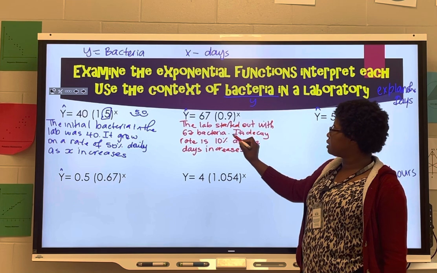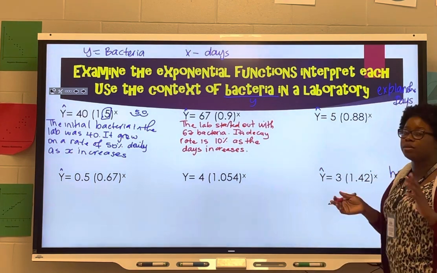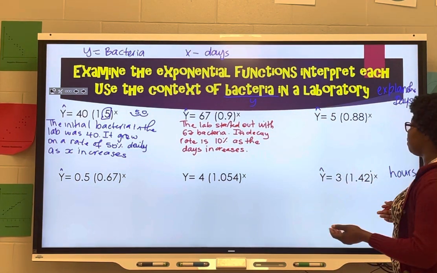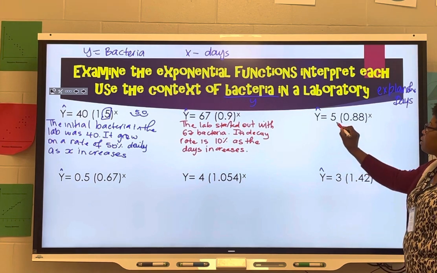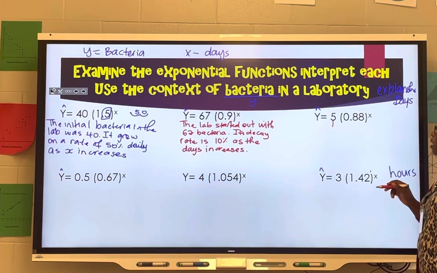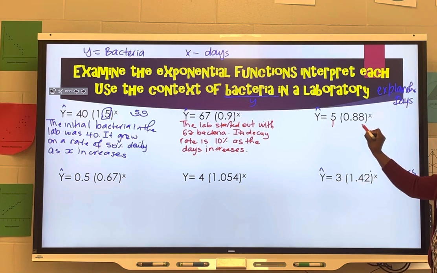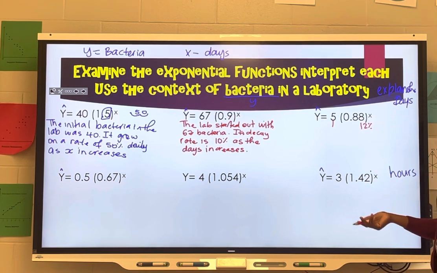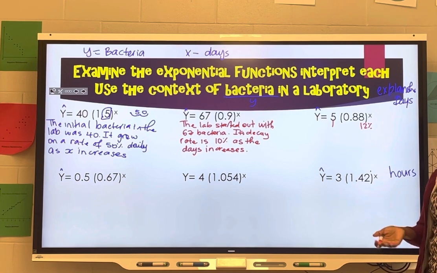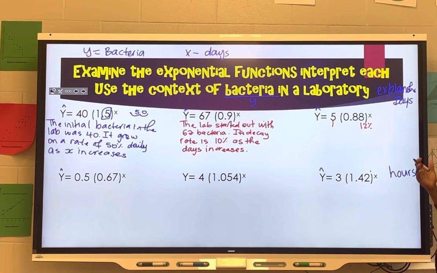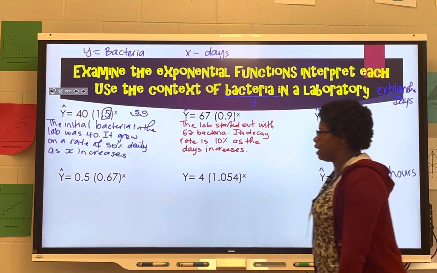Its decay rate is 10% as the days increase. So different wording, just apply the same meaning. Okay, this one, so the lab started out with 5 bacteria. Again, decay by 12% on a daily basis, or you can say decay by 12% as the value of x increases. You can say something like that.